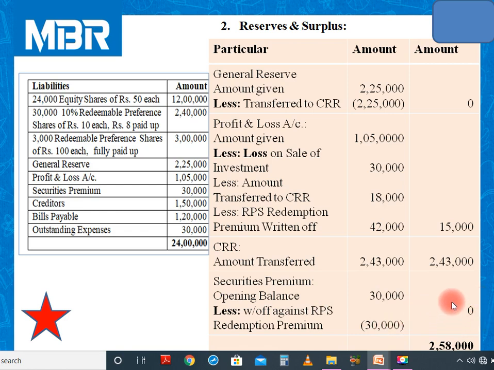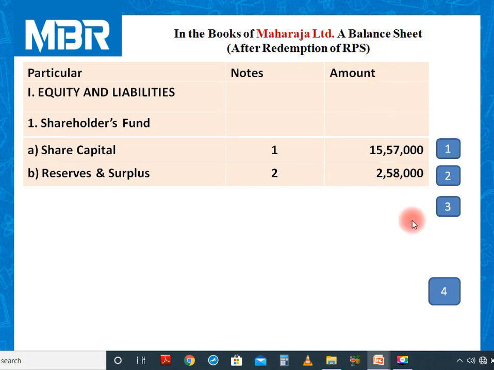So the balance amount is 0. 0 plus 15,000 plus 2,43,000 equals to 2,58,000. We have transferred these 2,58,000 to reserves and surplus with note number 2.